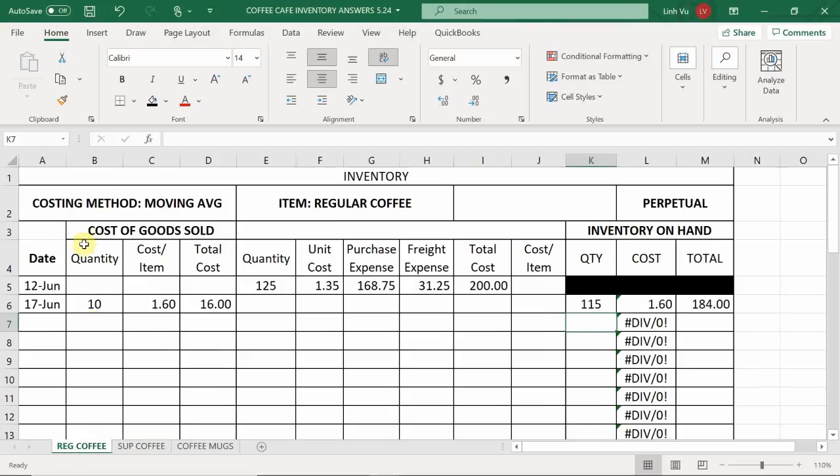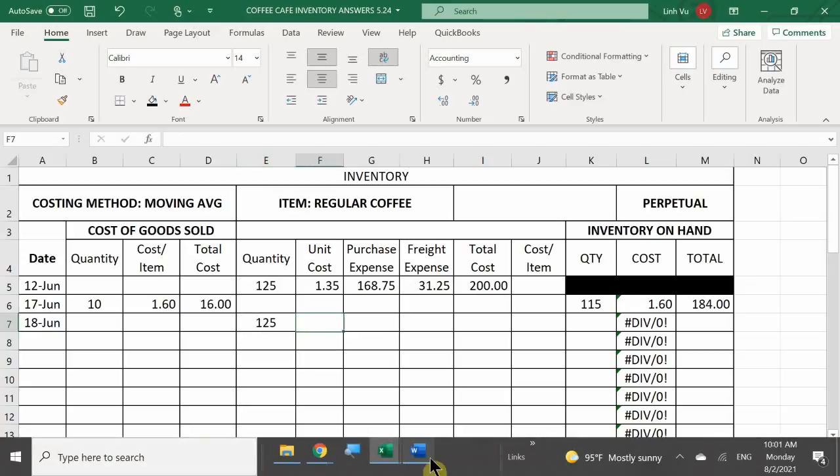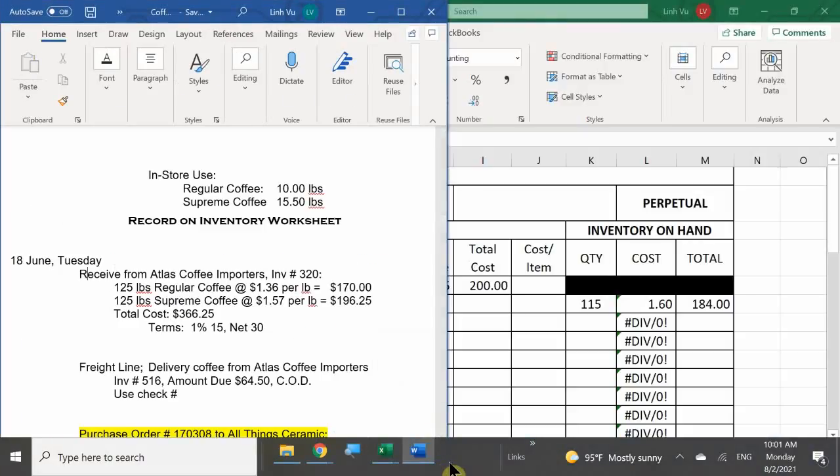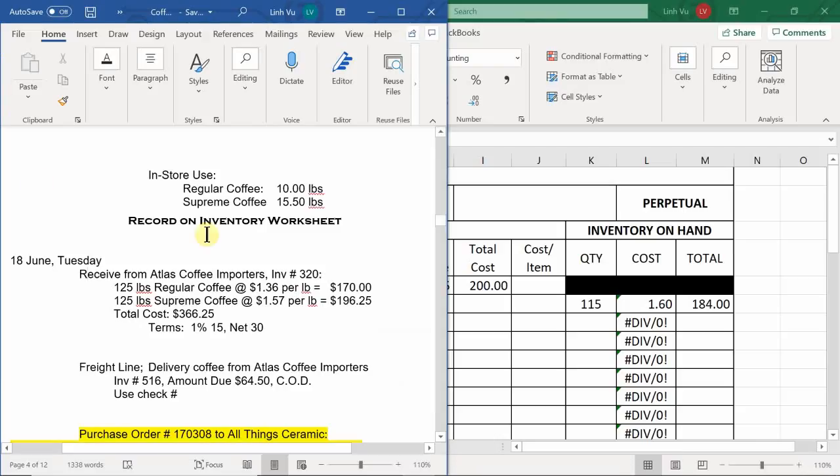All right, starting off with regular coffee. We're going to skip this section for the cost of goods sold because we end up getting purchases, right? So in this case, when I bought my coffee, how much did it cost me per item? $1.36 per pound.